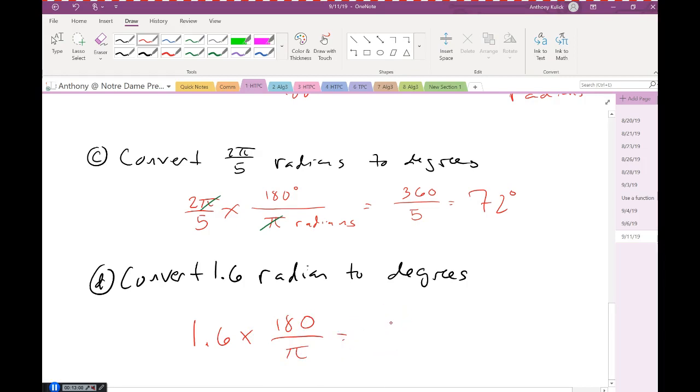The issue here is that there is no easy canceling that I can do. Would it be really standard to write my degrees in terms of pi's like that? No, right? I'd want to type this into my calculator and get a decimal out of this.